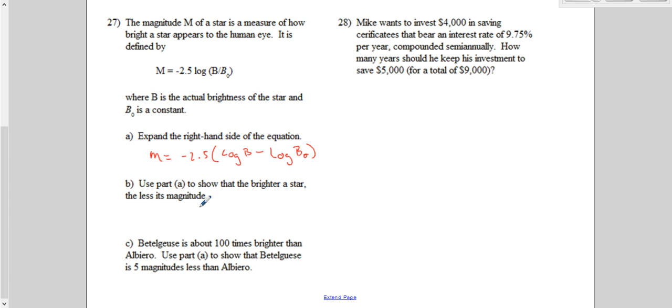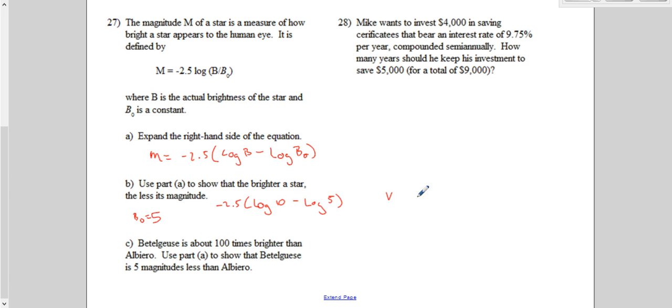Use part A to show that the brighter a star, the less its magnitude. So I'm just going to say B sub 0, since it's a constant, I'm just going to give it a value of 5. The brighter a star, so if I say that the brightness is 10, I take that negative 2.5 times log of 10 minus log of 5.